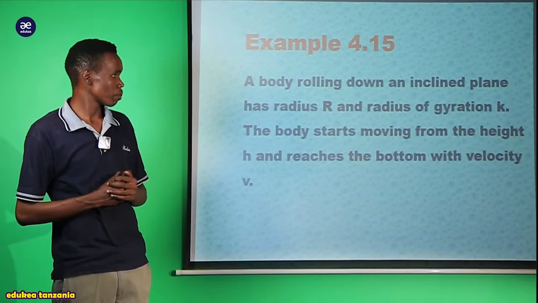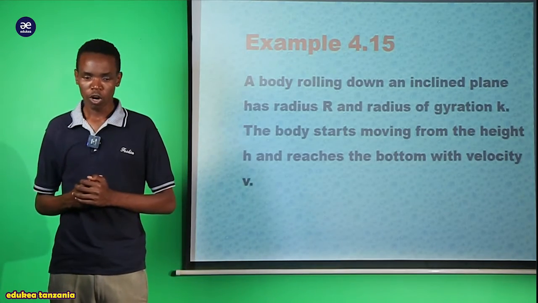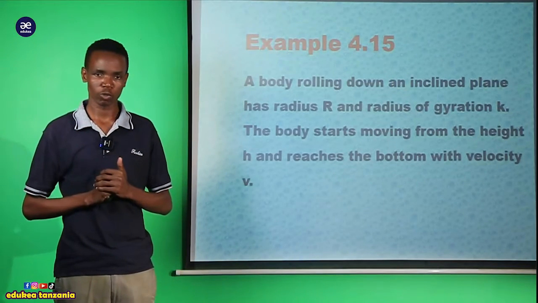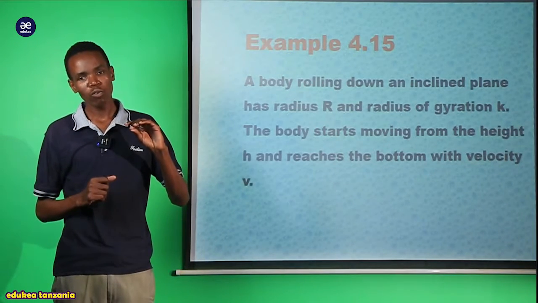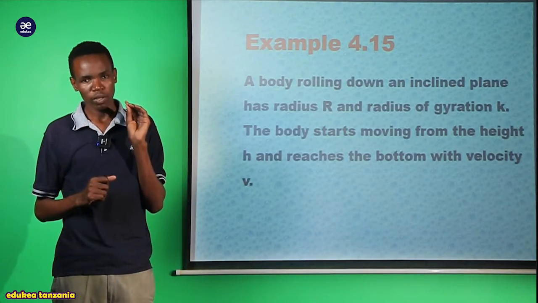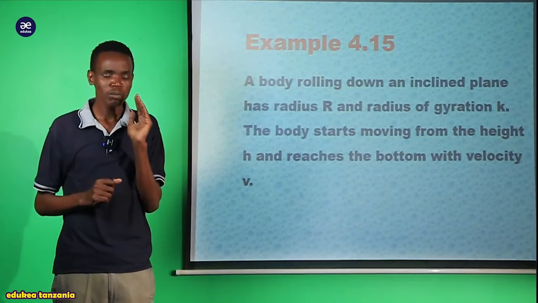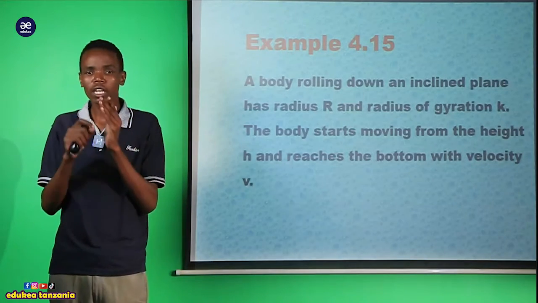So what we are supposed to do first of all is to understand the terms that are found in our equation here. In our equation, we have the body rolling. When the body is rolling on the inclined plane, the key term that you are supposed to keep in mind is that it must have the angle theta.